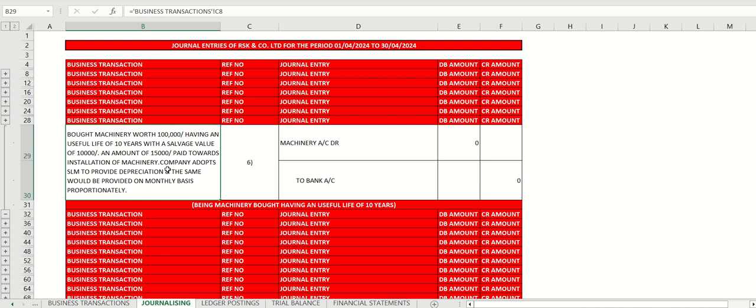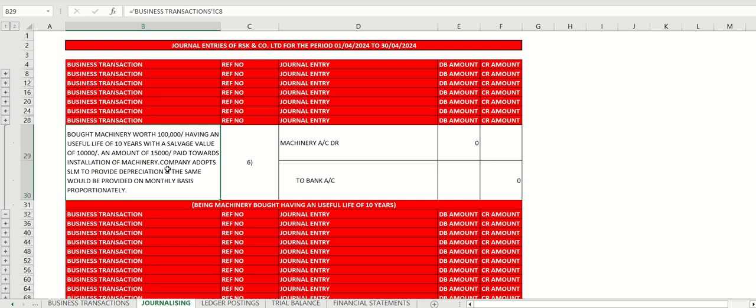To compute the historical cost or acquisition cost of the machinery, we need to add the installation cost incurred to install that machinery, in order to get the accurate historical cost. Machinery is valued at historical cost, the cost at which it is acquired.